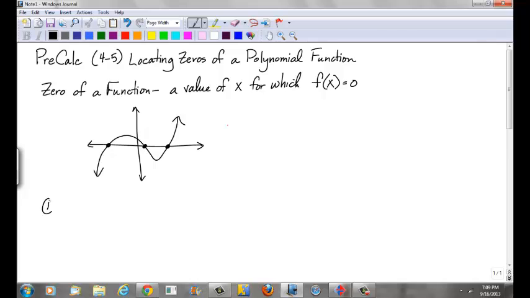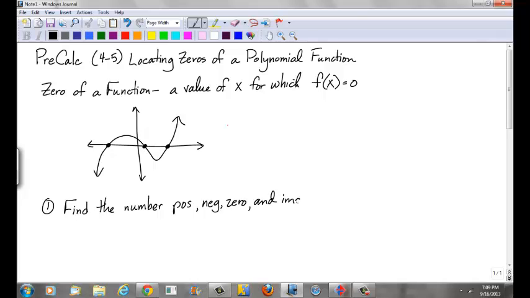Okay, and let's go through a couple of examples. In the directions in the book, it will say find the number of positive, negative, 0, and imaginary roots.